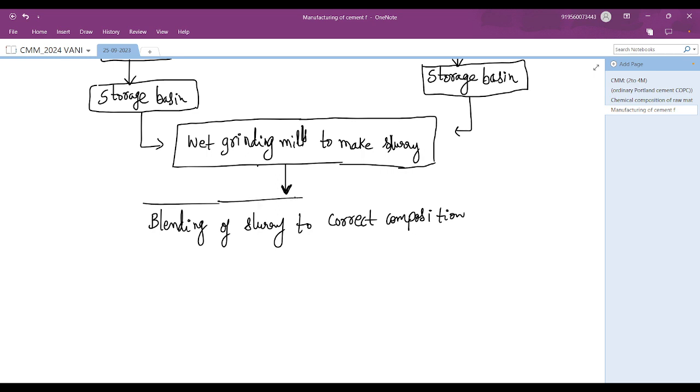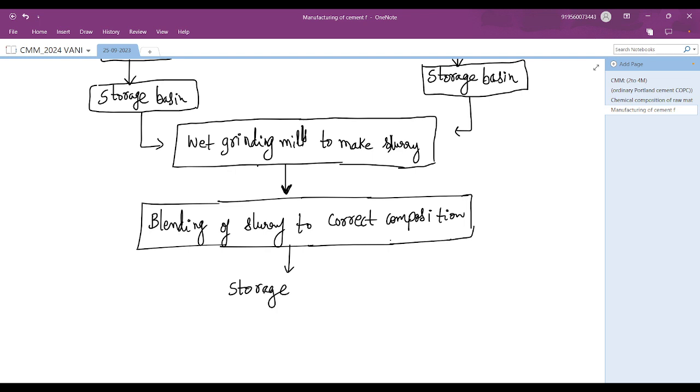After blending the slurry to the correct composition, we take this slurry to the storage basin. Storage of corrected slurry.